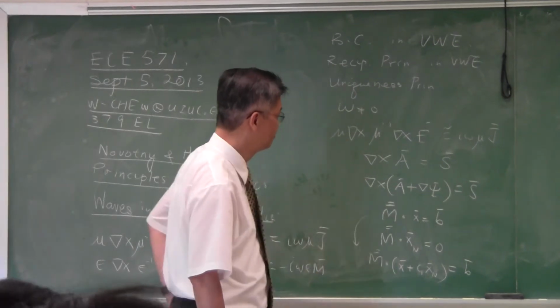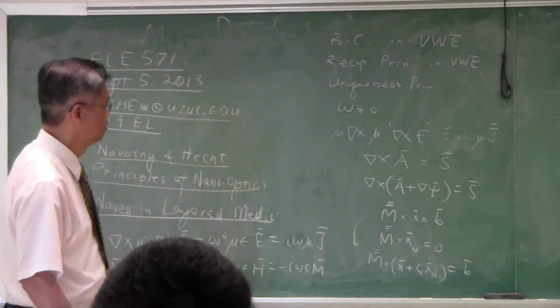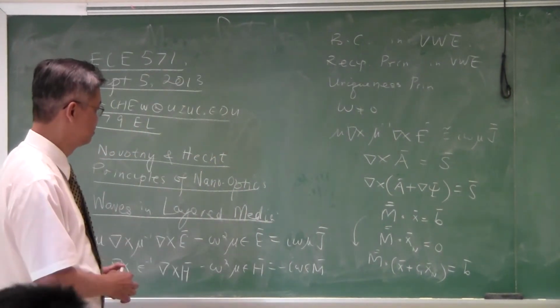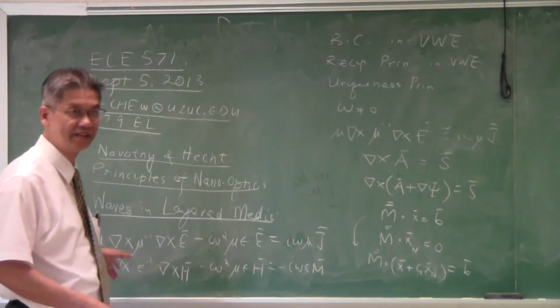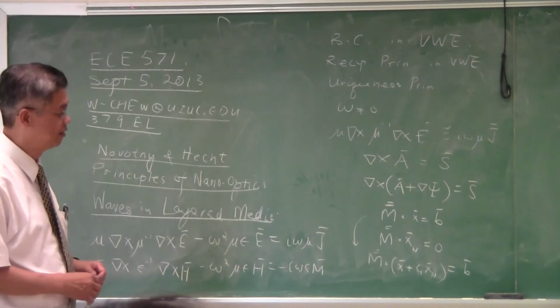So you can look at this from linear algebra or vector wave equation viewpoint. Okay? So as long as omega is not equal to 0, these equations are the same, and they are reasonable to solve.